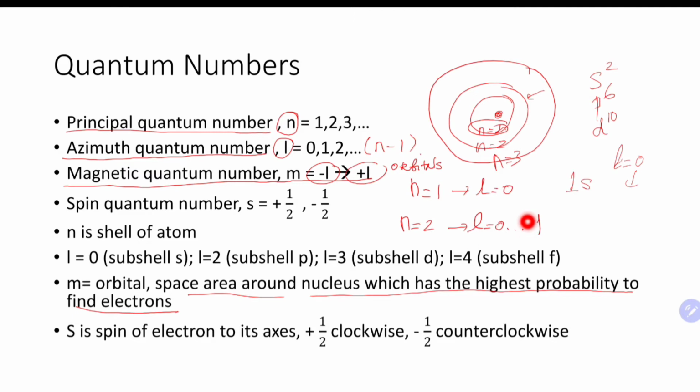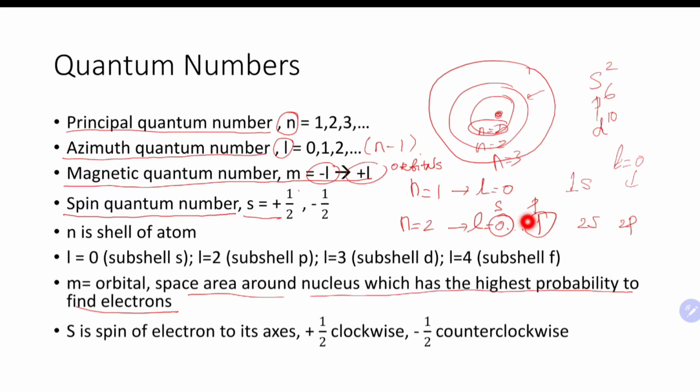So you have l=0 and 1. l=0 is subshell s and l=1 is subshell p. So for the second shell you have 2s and 2p subshells.